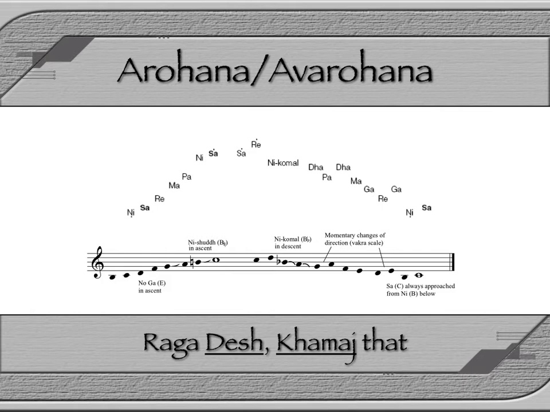So you'll hear three things here. First, you'll hear a simple ascent and descent through the Kamaj Tat, which sounds very much like our C Mixolydian scale. Then you'll hear the Tat with its characteristic aro, avaro, as notated here. And finally, you'll hear an actual melody that conforms to the shape of the Tat as it ascends and descends according to these rules.